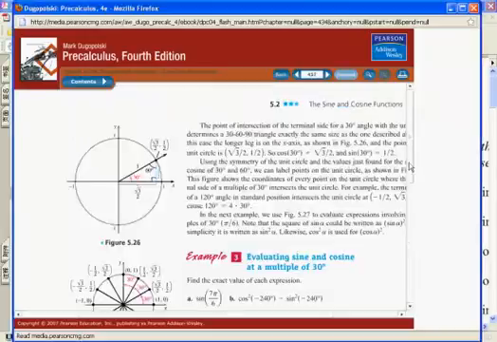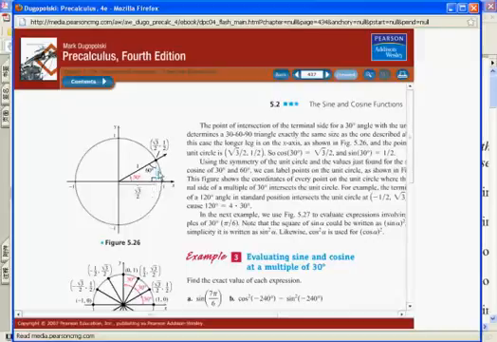Now let's look at another case. This time we begin with the angle of 30 degrees. In a similar way, we can form such a triangle in which we have 30 degrees, 60 degrees, and 90 degrees.